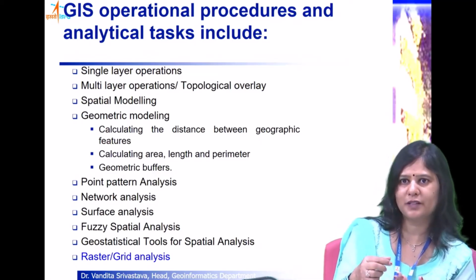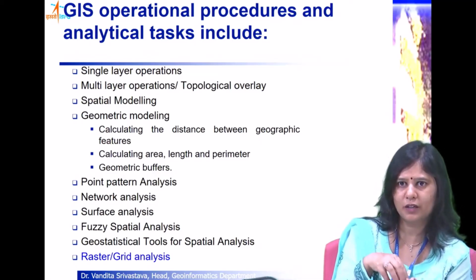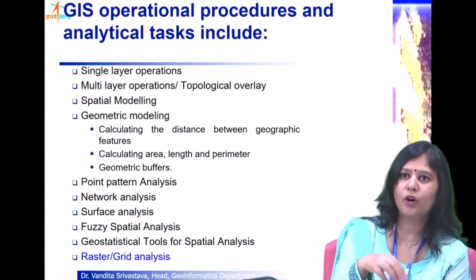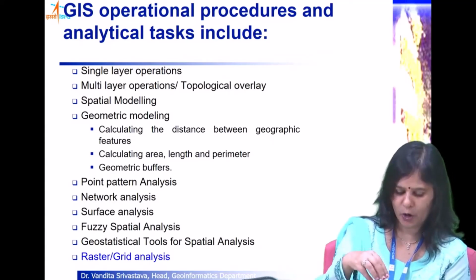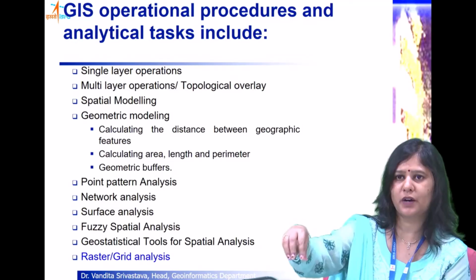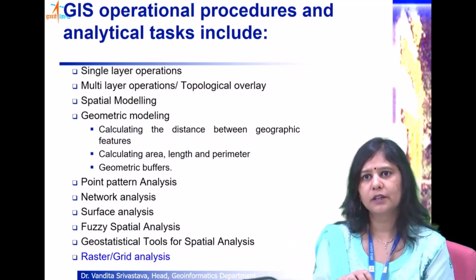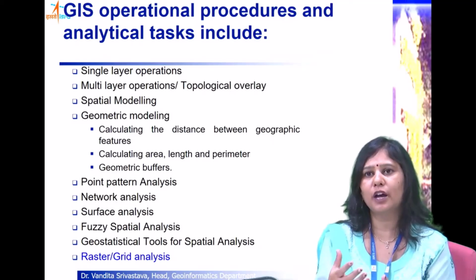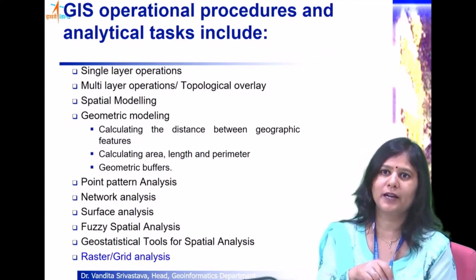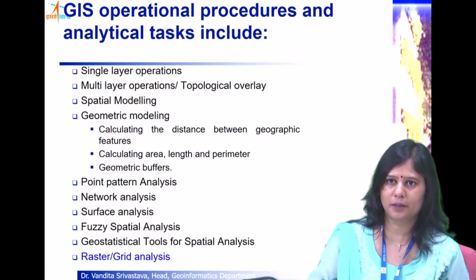For example, if I say I have some ore reserve here, let's say a gold reserve, then if I observe this point and a point that is farther away, the point that is closer is more likely to have a similar value to this point than a point that is farther apart.